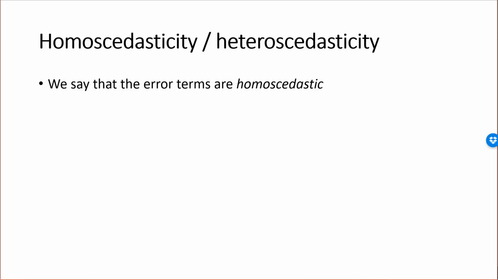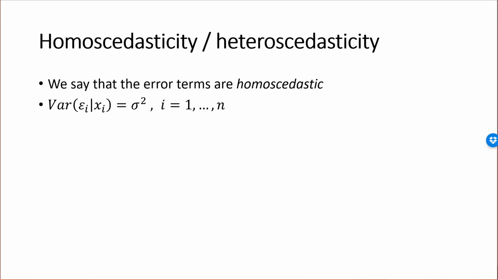So we say that the error terms are homoscedastic if the error terms have a constant variance conditionally on x. So if the variance of epsilon i given xi is sigma square, that's the symbol we use, no matter what i is, every error term has the same variance, then we say that they are homoscedastic.